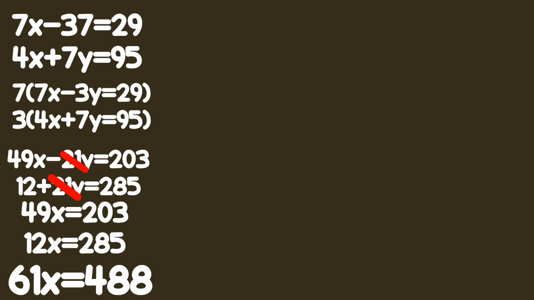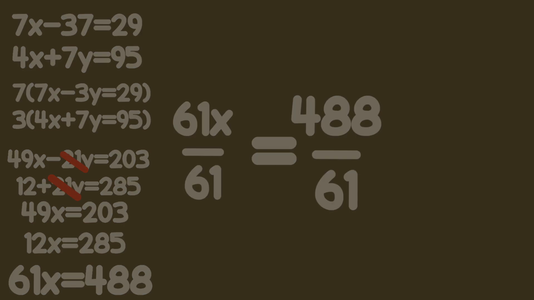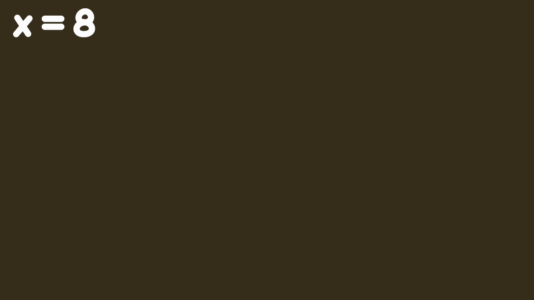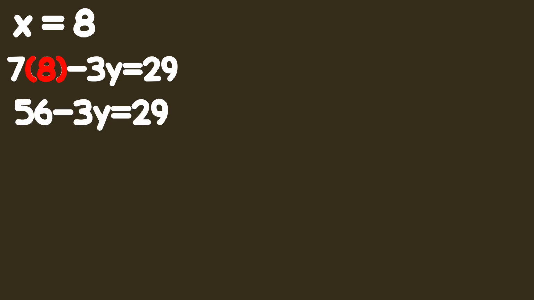And since I wanted to get x alone, I divided the whole equation by 61, and I got x equals 8. And so I put it into the first equation, which was 7x minus 3y equals 29, and I got 56 minus 3y equals 29.